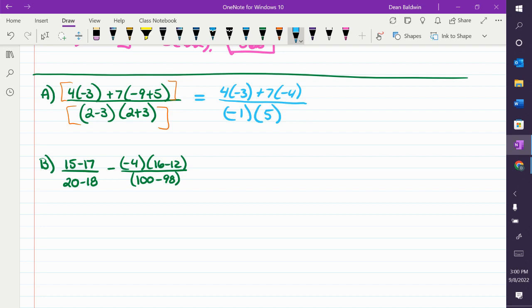Everybody okay with what I just did? I didn't lose anybody. This is important. Now the top, okay, remember? It's all multiplication and there's an addition, but you do addition after multiplication, right? 4 times negative 3. What's that?